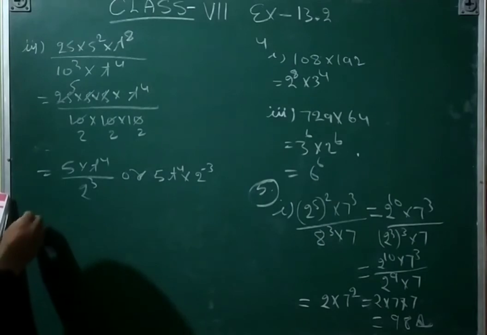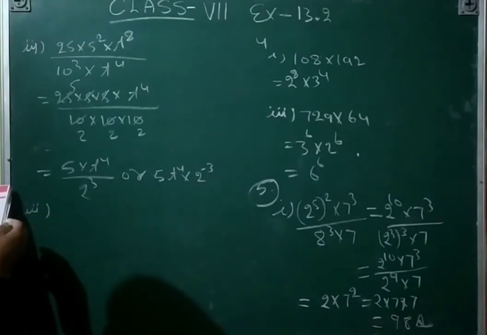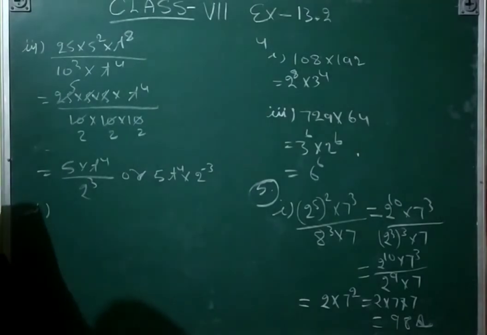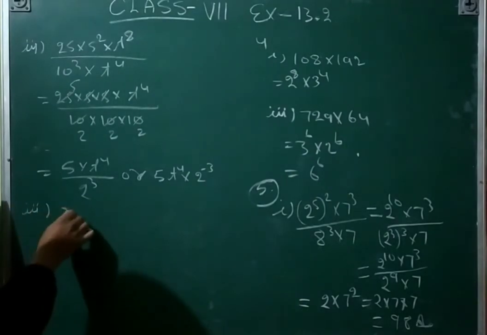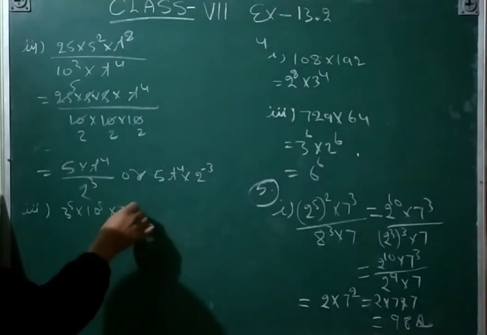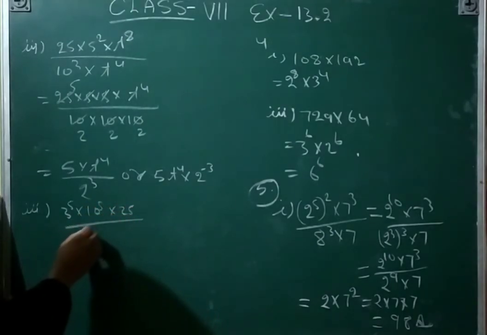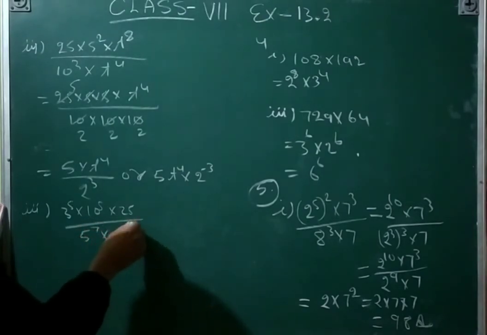And then last part: 3 power 5 multiply 10 power 5 multiply 25 upon 5 power 7 multiply 6 power 5.